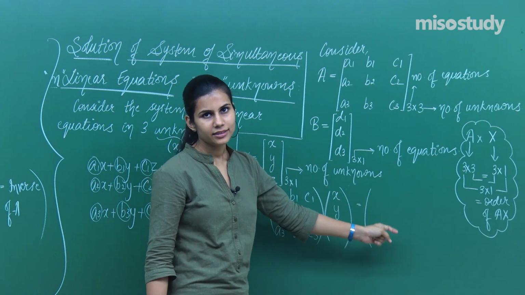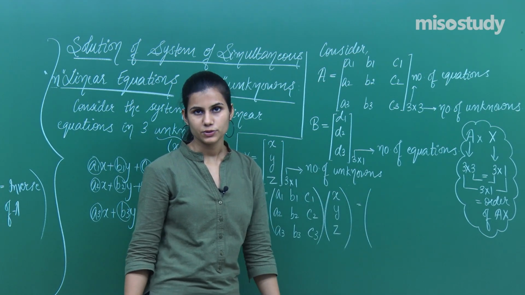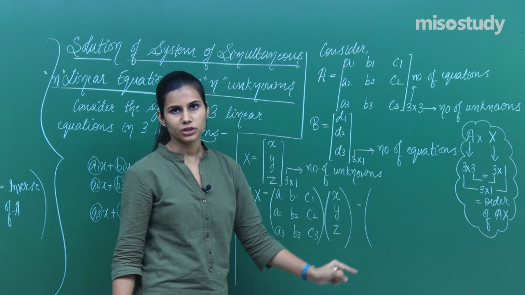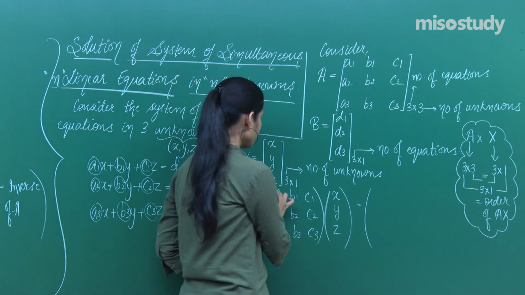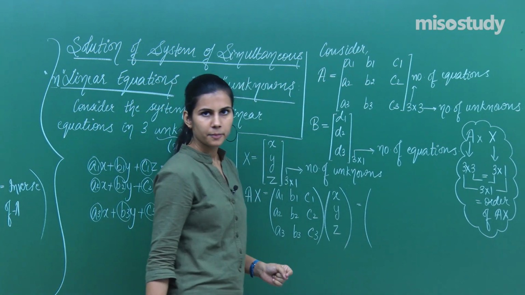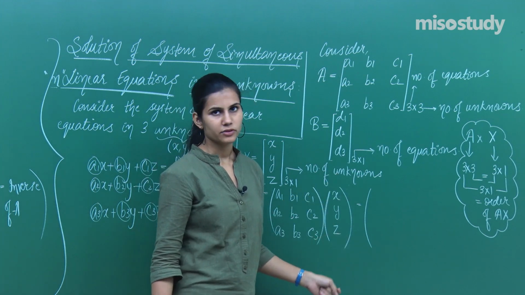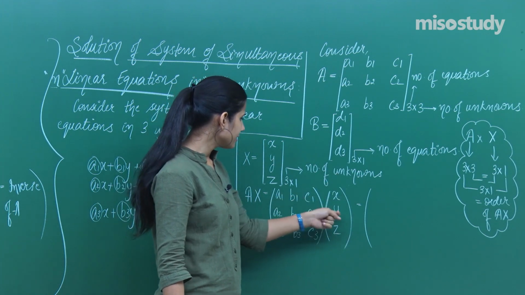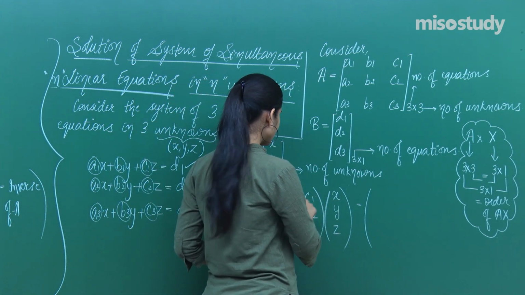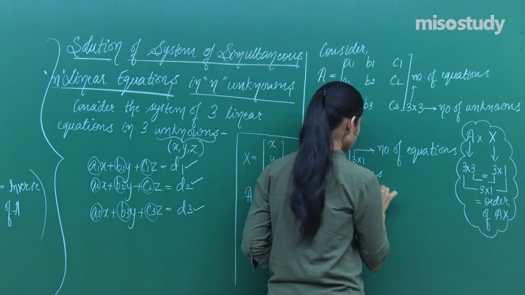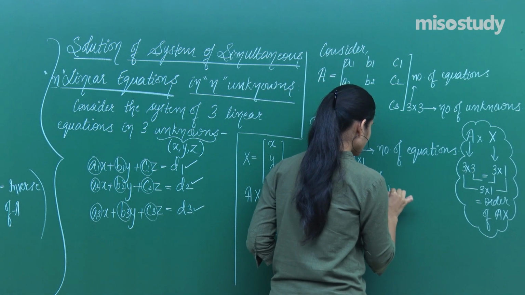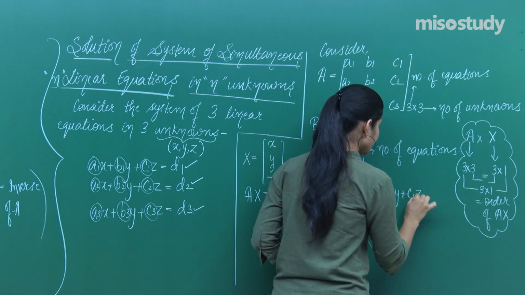Then there will be the 2/1th and the 3/1th entry. The 1/1th will be the interaction of the first row with the first column. So the first row of this and the first column of this, which has only 1 column, I will be multiplying this with this. I will have a1 into x plus b1 into y plus c1 into z.